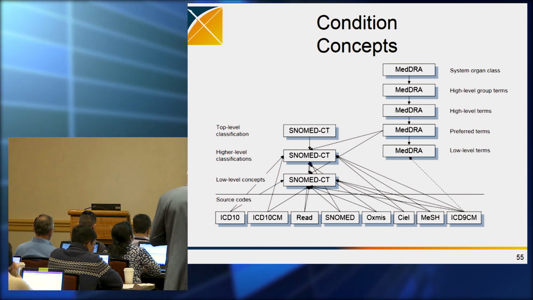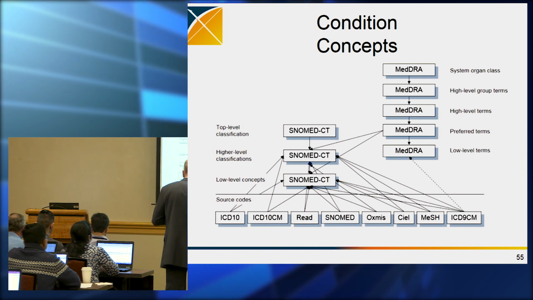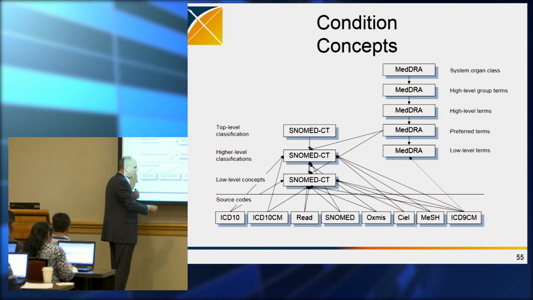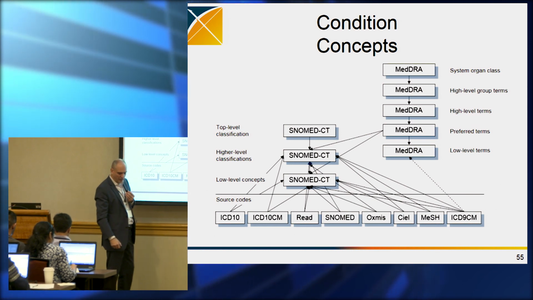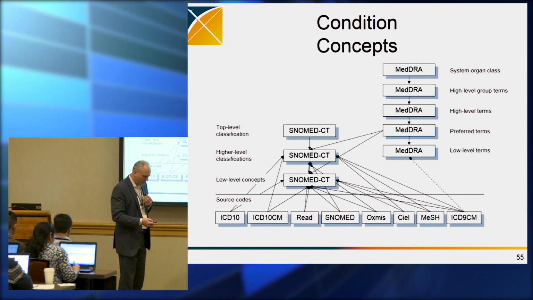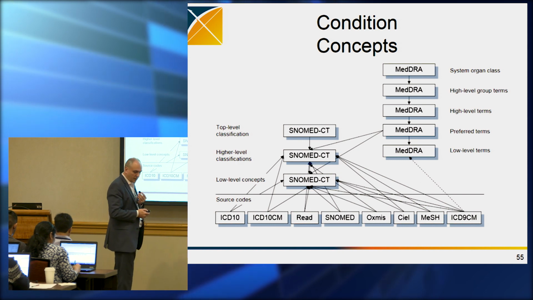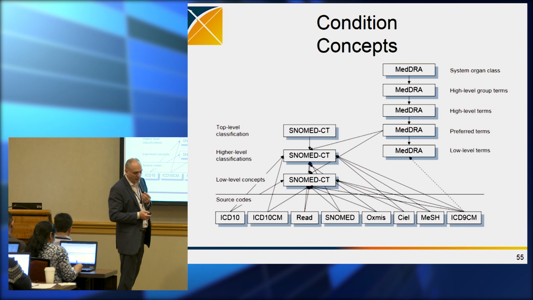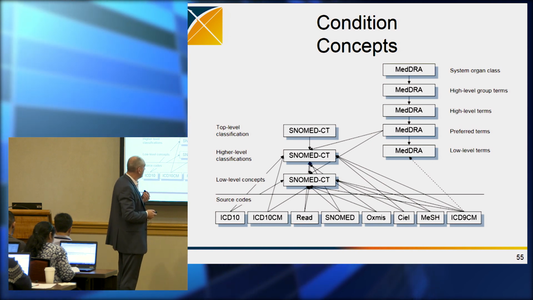So when we talk ICD-9 or ICD-10, it's always ICD-9-CM and ICD-10-CM, which stands for clinical modification, I think. And the CMS, Centers for Medicare and Medicaid Services, produce them.